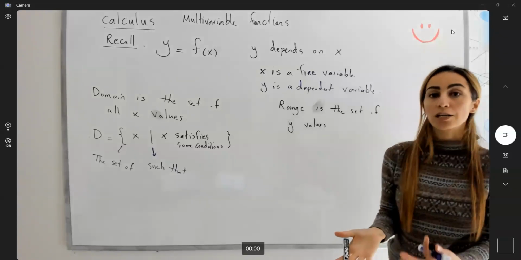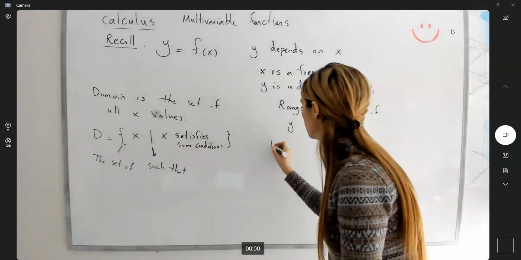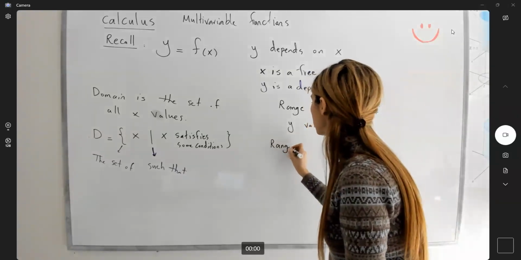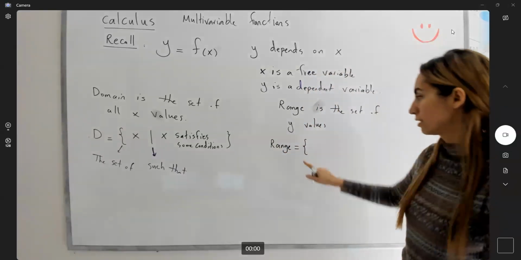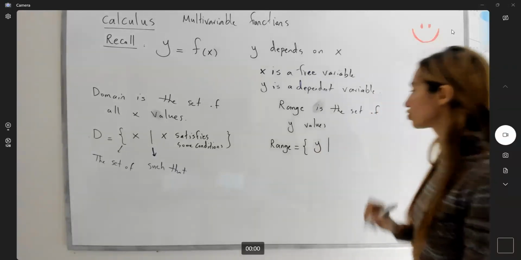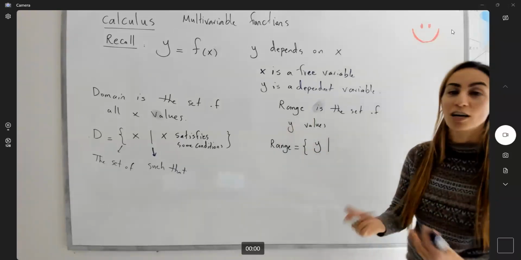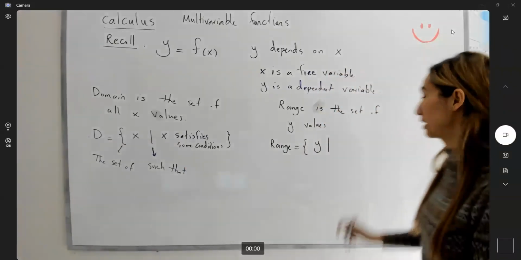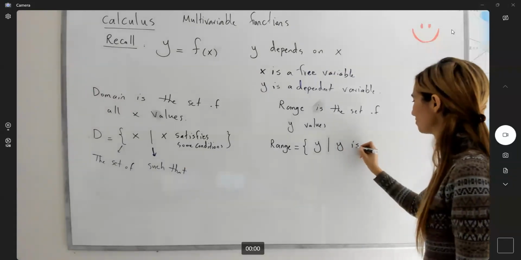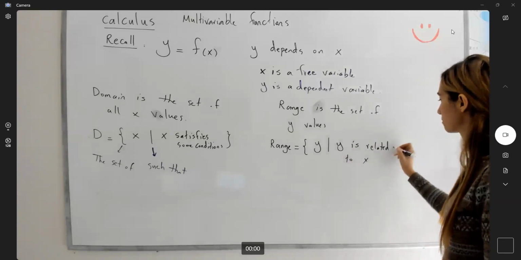When it comes to the range, we're working with vertical lines, y values. So the range is the set of y values such that y is related to x from the domain.